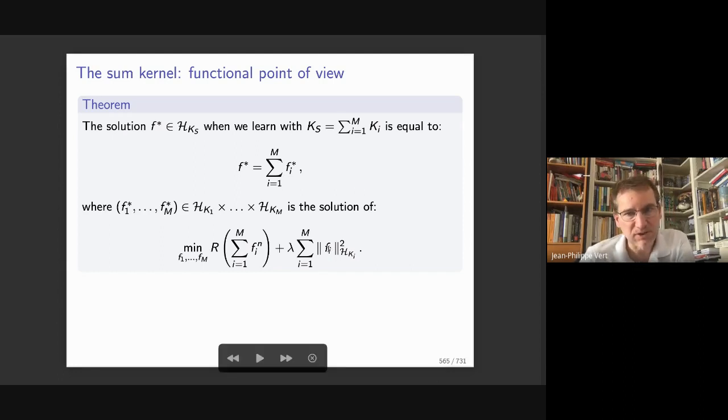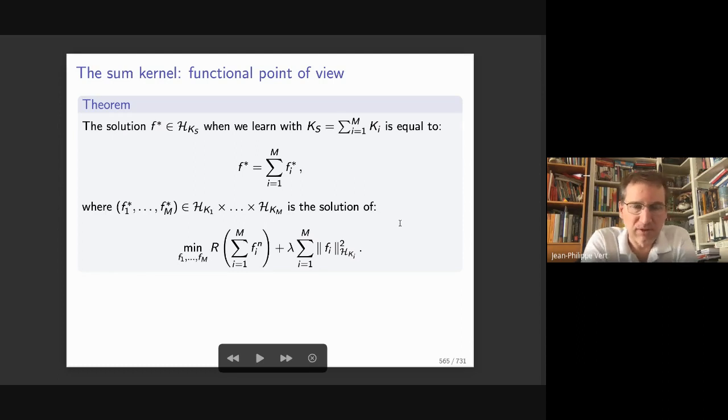However, what's interesting here, and there is something a bit important to see, is that here we have a minimization over f1 to fm of the sum of fi squared. Right, so this means that, for example, when you have a function f star, it may possibly not be decomposable in a unique way into fi star, and the norm of f star is the minimal norm you can get when you decompose it as a sum of fi star.